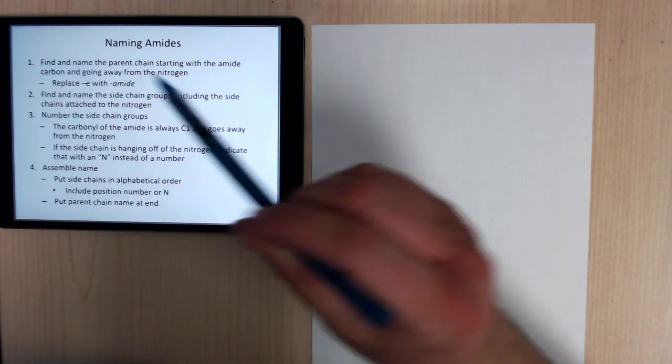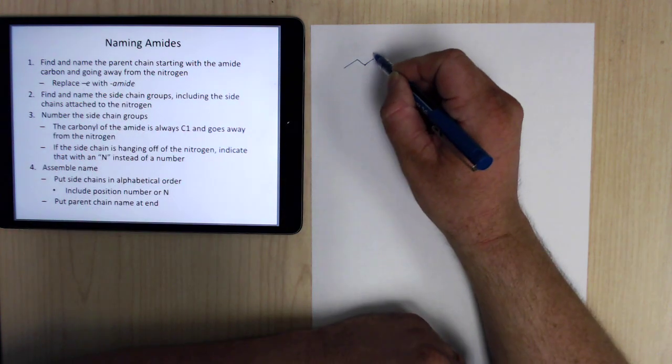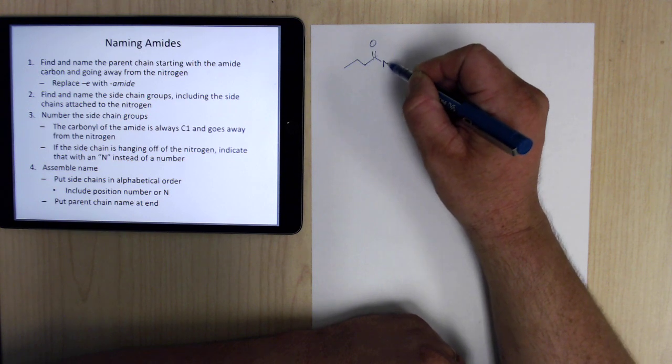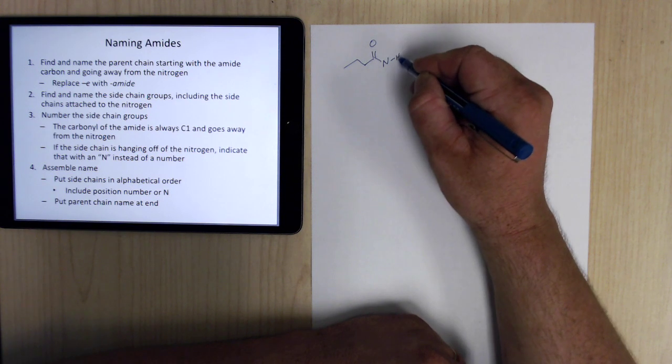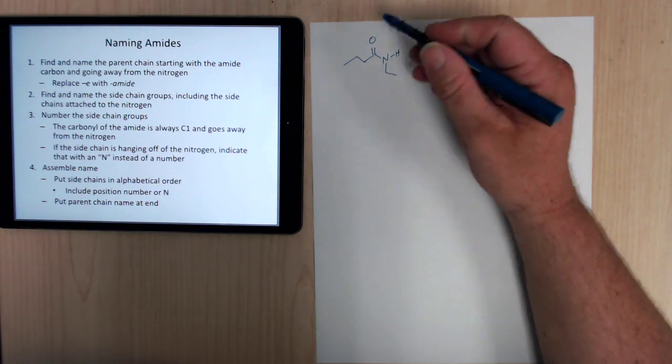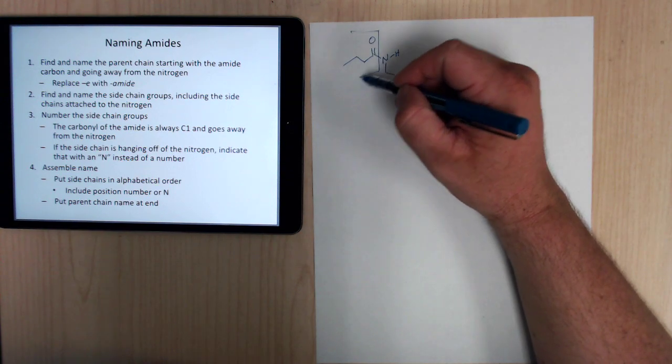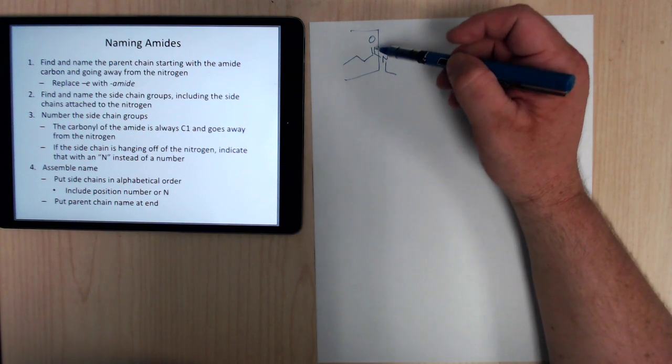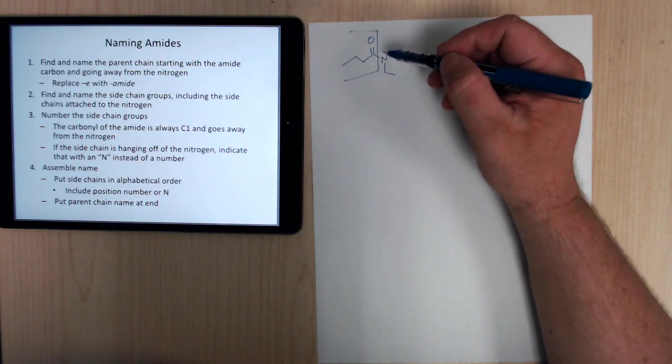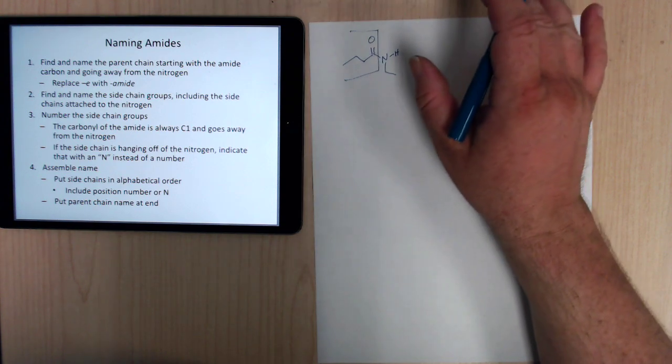So when you have an amide, the part starting at the C double bond O and going away from the nitrogen is going to be the main chain, no matter what it is.